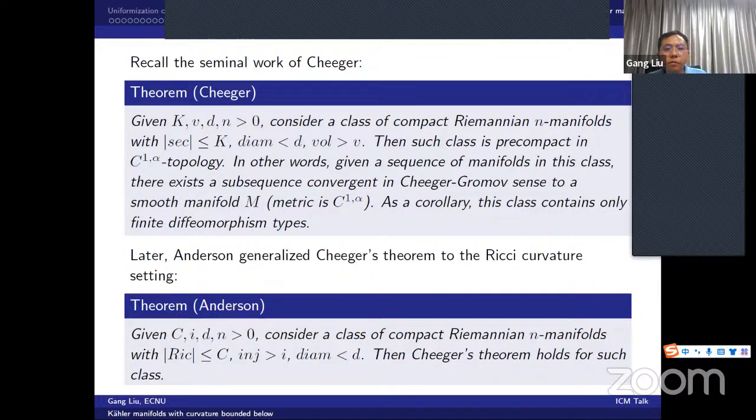In other words, you can always take a convergent subsequence, in the Cheeger-Gromov sense. Later, Anderson generalized Cheeger's theorem to the Ricci curvature setting. He assumed the boundedness of Ricci and a lower bound of the injectivity radius, and also an upper bound of the diameter. In this case, the theorem also holds.